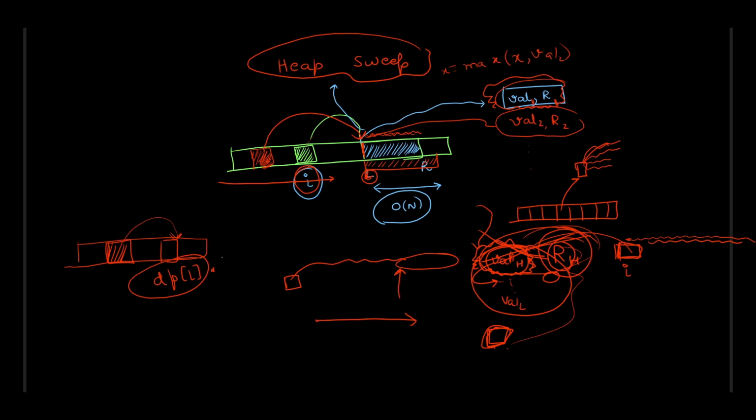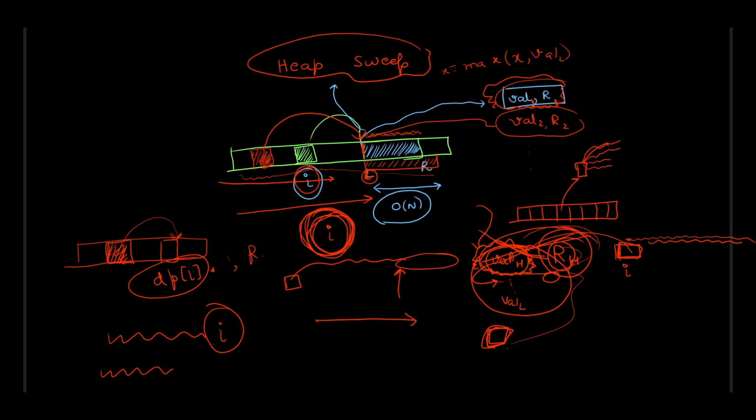You are doing a pushback for the contribution that it provides along with the right endpoint, and then when you are iterating from left to right, you are keeping all the intervals in a max heap. And for getting the actual value of dp of i, you are saying how many elements provide contribution to it. So all the contribution for i must come from the left hand side.